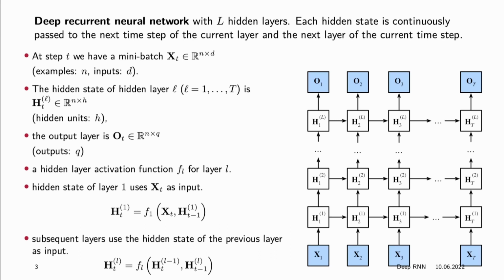So a deep neural network with L hidden layers could look as follows. Here, each hidden state is passed continuously to the next layer. And at the same time, within each layer, it's passed to the next time step. So at time step t, we have as input a mini batch xt, which for mini batch size n would be an n times d matrix, where d is the number of dimensions of the input.